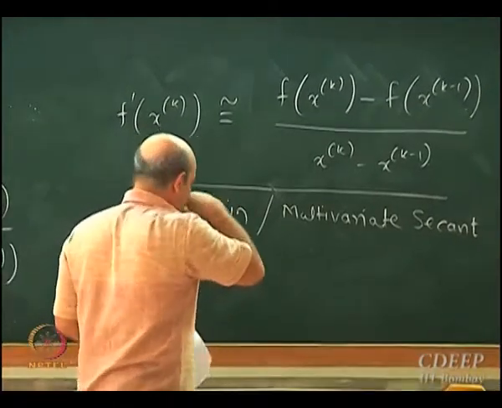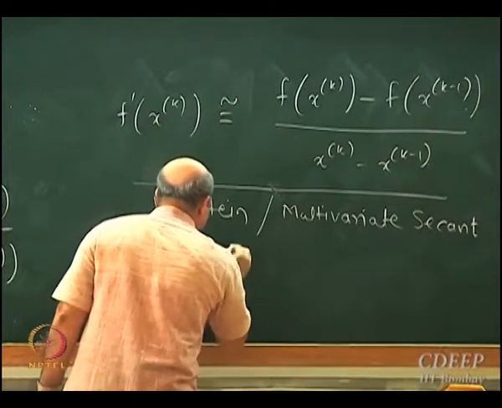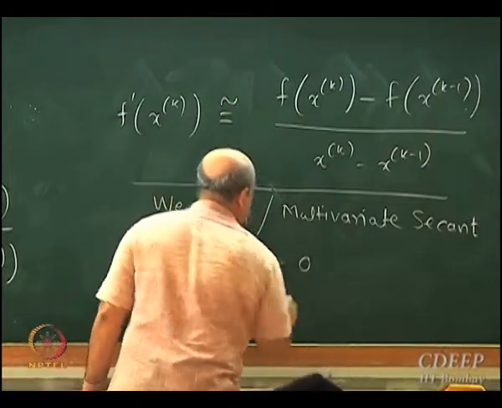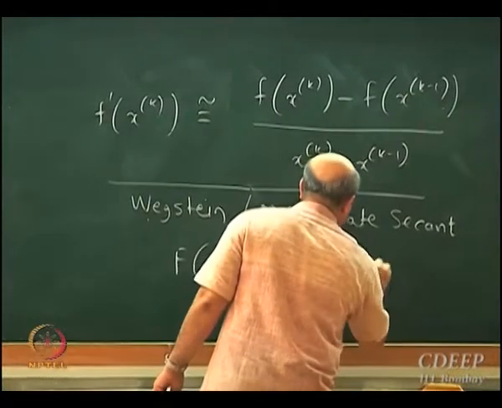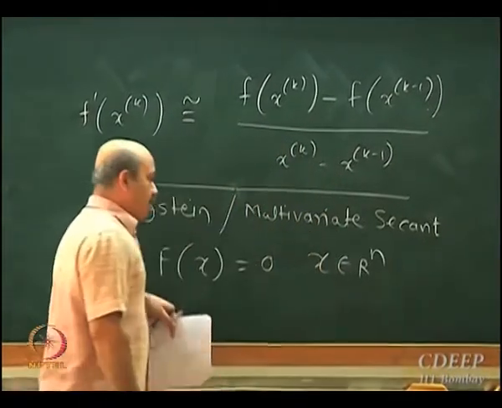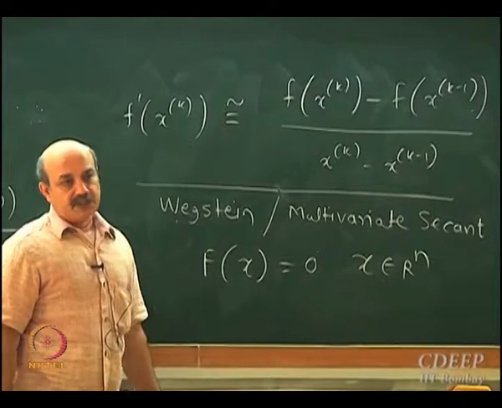What I am going to do here is solve for f of x equal to 0 where x belongs to Rn and f is an n cross 1 function vector.